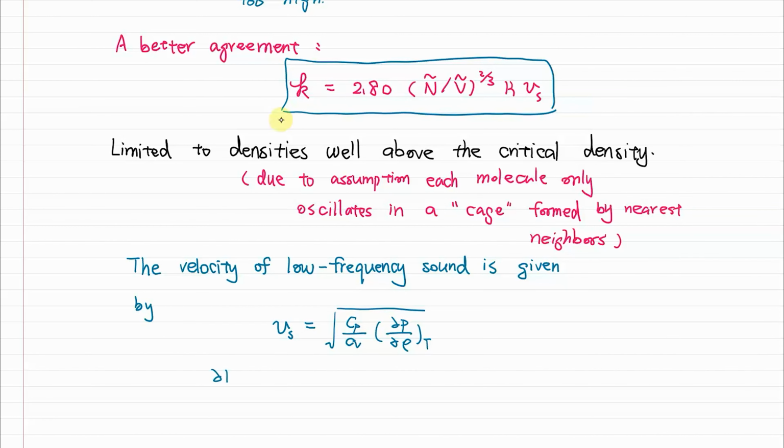And the partial P, partial rho at constant temperature may be obtained from isothermal compressibility measurements.